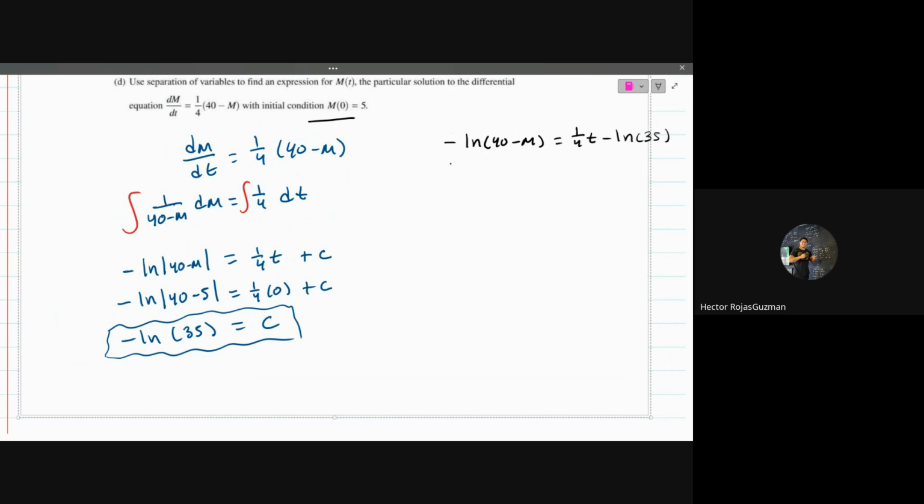Start by multiplying by a negative. The natural log of 40 minus m is equal to negative 1/4 t plus the natural log of 35. Take e, or use e. 40 minus m is equal to e to the power of negative 1/4 t plus the natural log of 35.